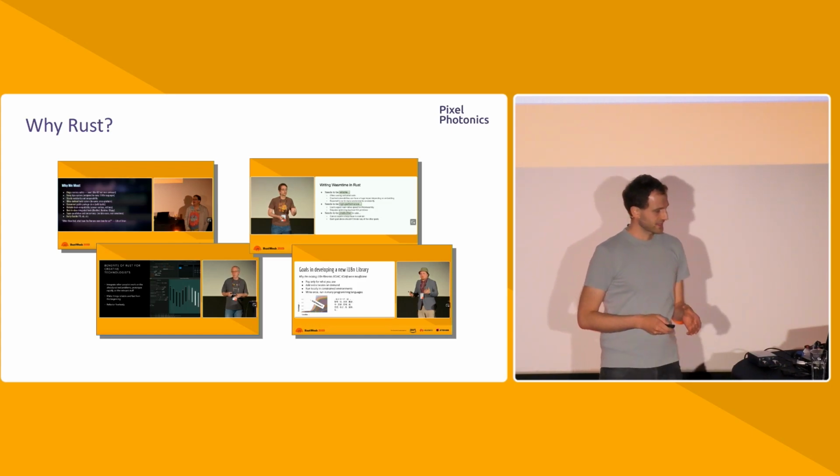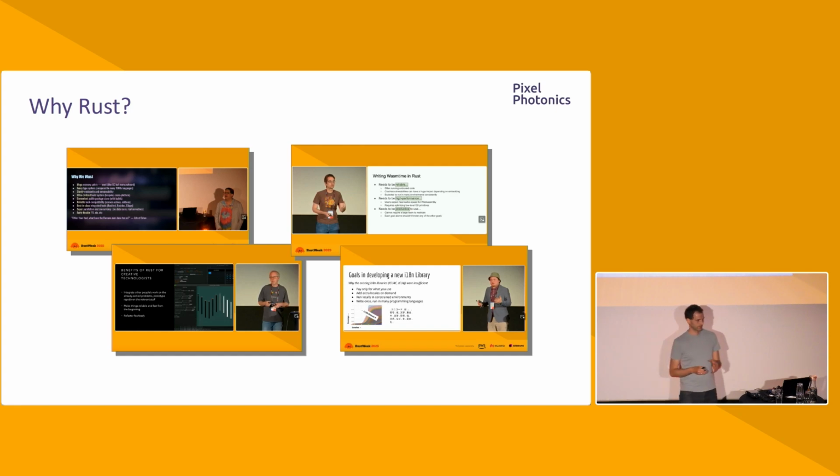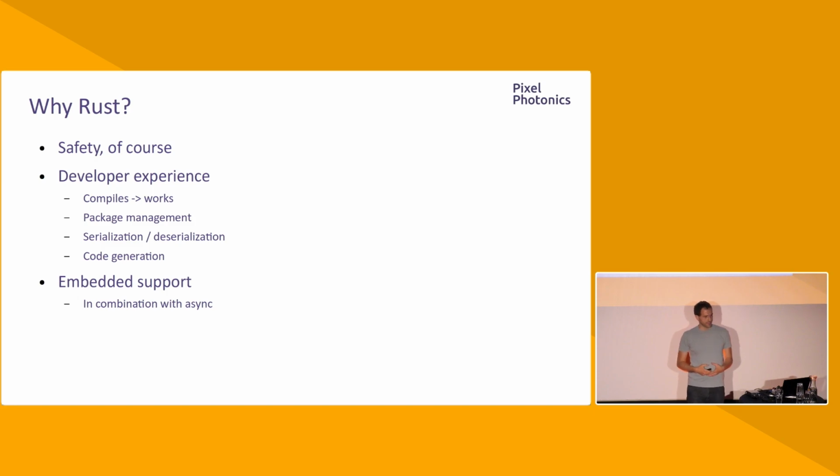And it's also interesting how wide the spectrum of arguments was that we heard yesterday. A common theme among them was that the safety aspect, which Rust is most famous for, is very nice to have, but actually it's this list of other features that sold us to Rust. And for our use case, I really share the sentiment. Of course, the safety aspect is nice.